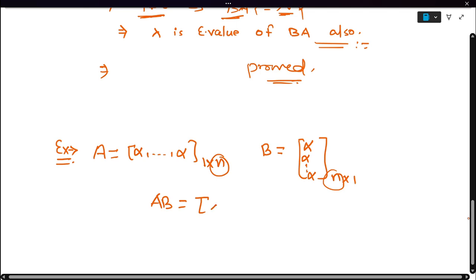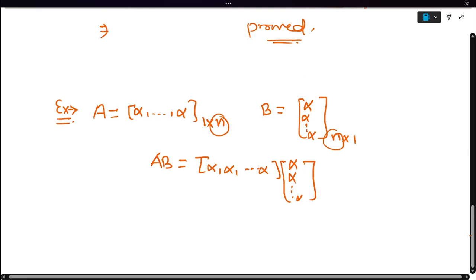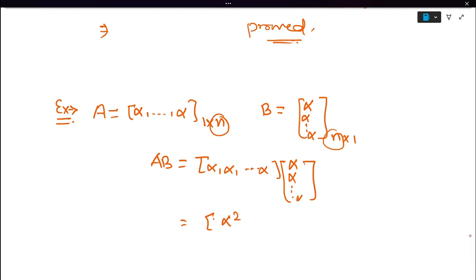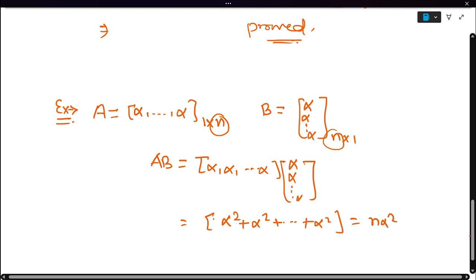Multiplying alpha, alpha, up to alpha by the column matrix, we get alpha square plus alpha square plus up to alpha square, which is n alpha square.